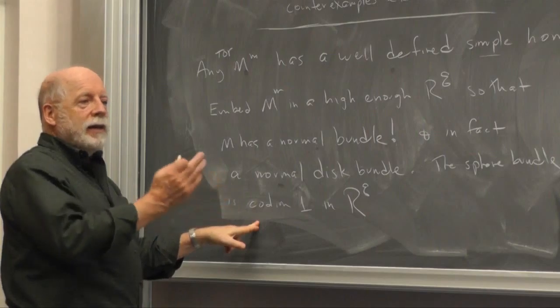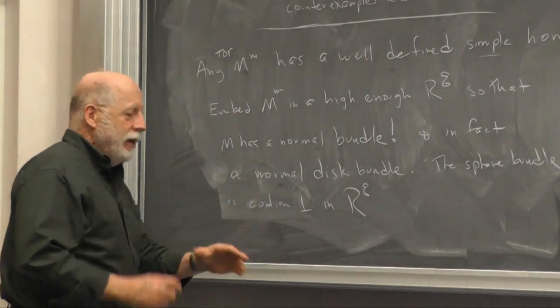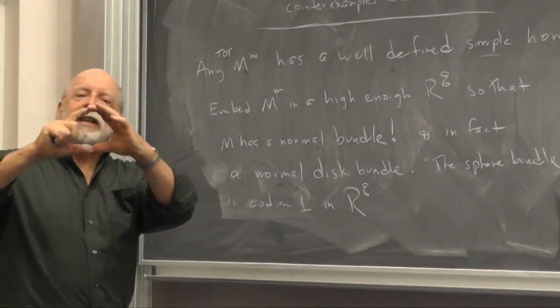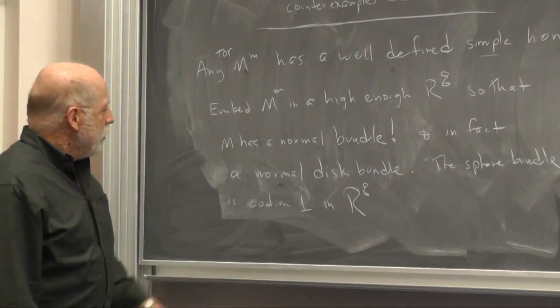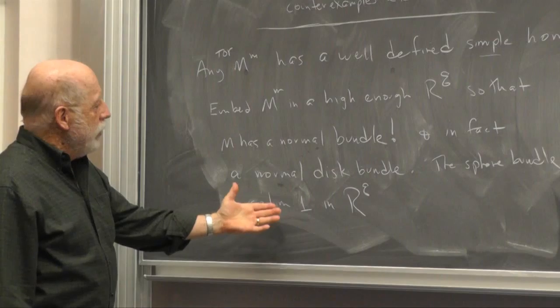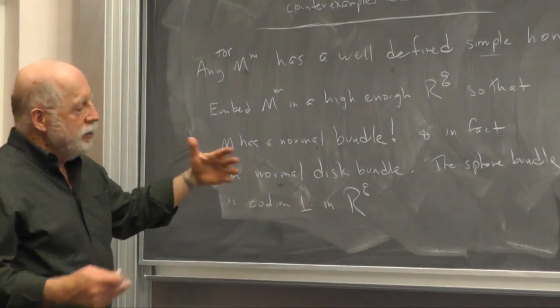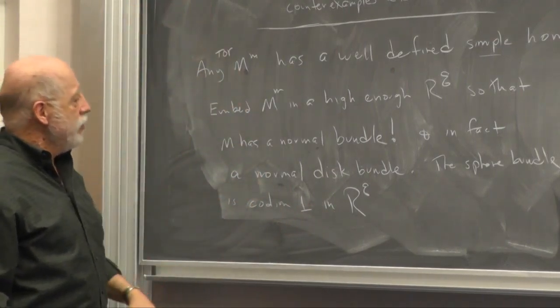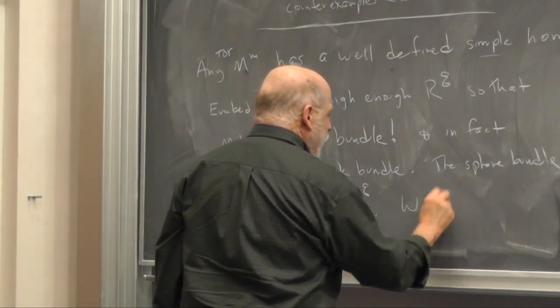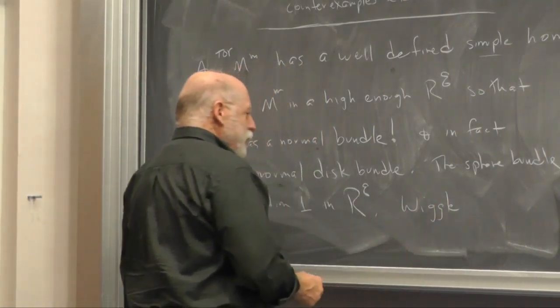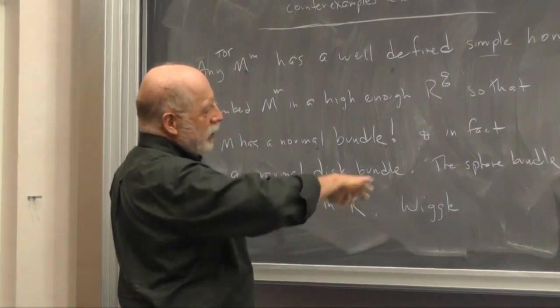It's codimension 1, it's got a normal. You've got the sphere, so there's all these little lines in the sphere. So that's open in R^q, so it has a smooth structure, so you apply the product structure theorem. So you wiggle either the smooth structure in R^q or the embedding.